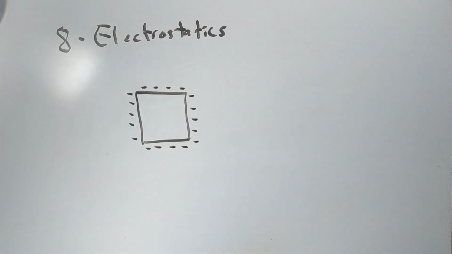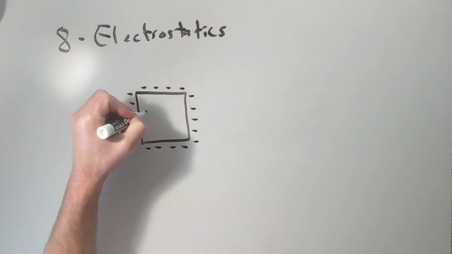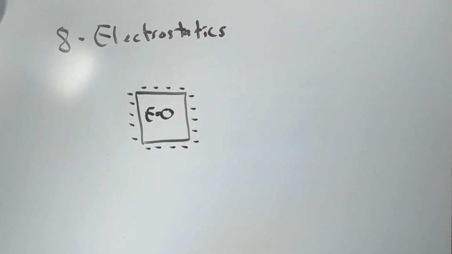They'll try to get as far away from each other as possible, so those charges remain on the outside. That means the electric field will be zero on the inside. And like we said with the car, that means it can be relatively safe inside a lightning storm if you have a metal frame on your car. So the basic things you should think about in the beginning of electrostatics are really conceptual things. The electrons are the things that move, like charges repel, opposite charges attract.